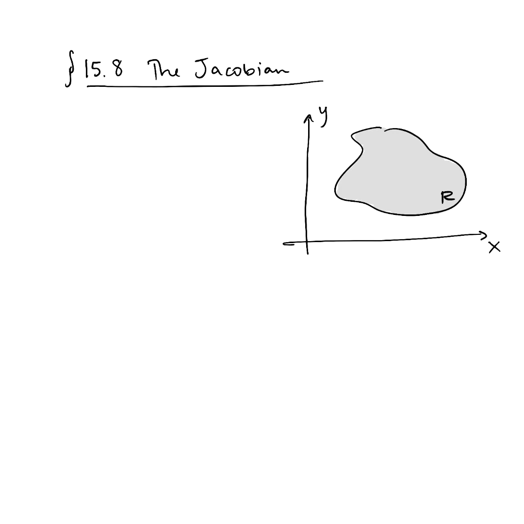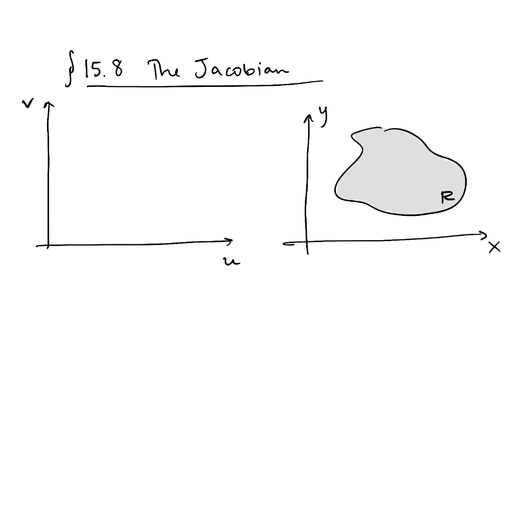But maybe you don't like the looks of that region for integrating with respect to X and Y, and you would rather integrate with respect to some other variables. So the thinking is, maybe that region is a cousin of some other region in terms of some other variables.